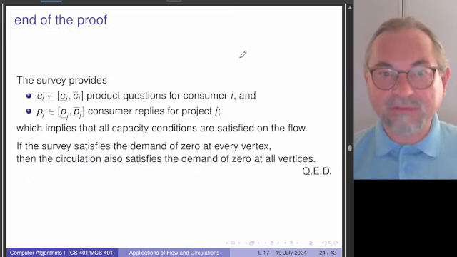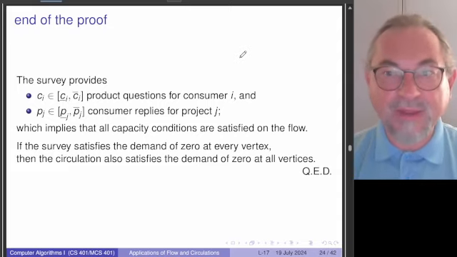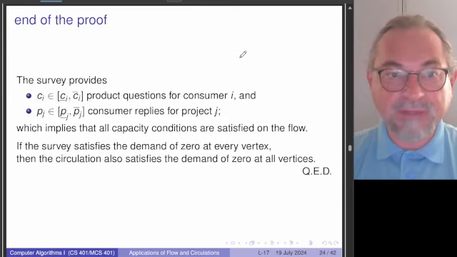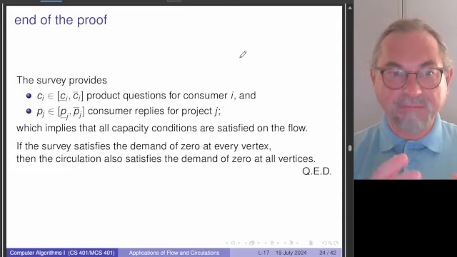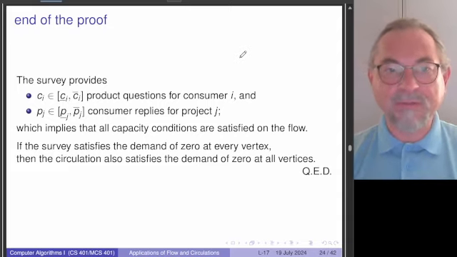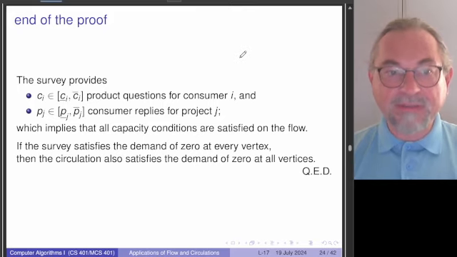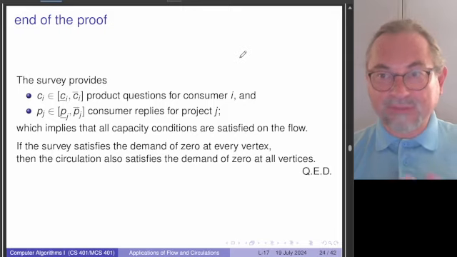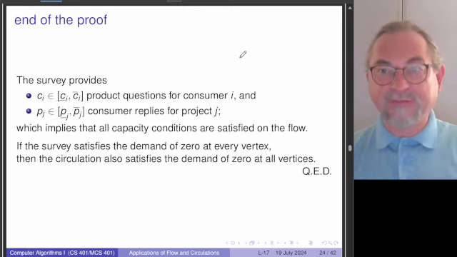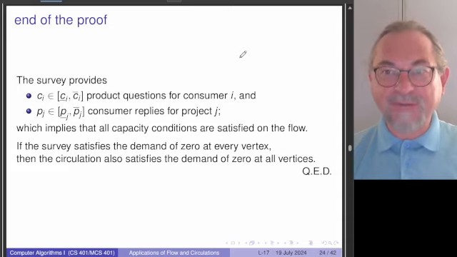And now what do we have? We have a survey in between the lower and upper bound number of product questions that we can ask every consumer. And we will also have something that is satisfying the constraints on the consumer. So all the capacity conditions are satisfied, and the demand of actually every node, in the terminology of the previous lecture, every node in this flow network, the circulation with demand problem, is actually 0.